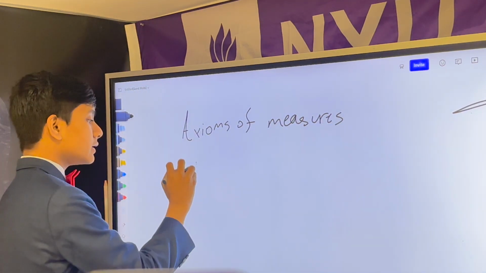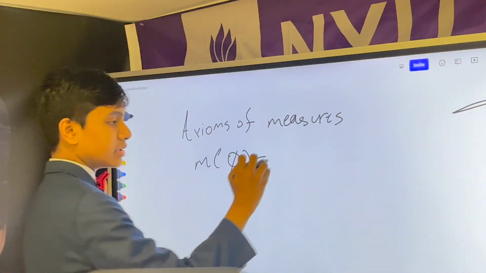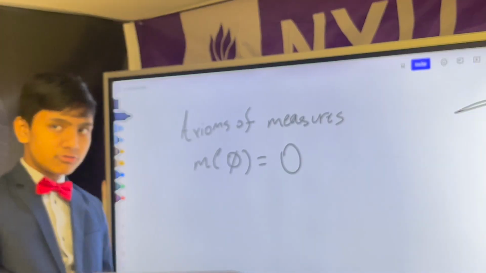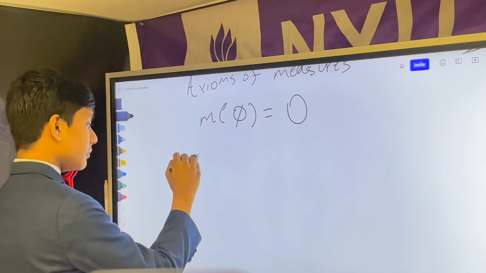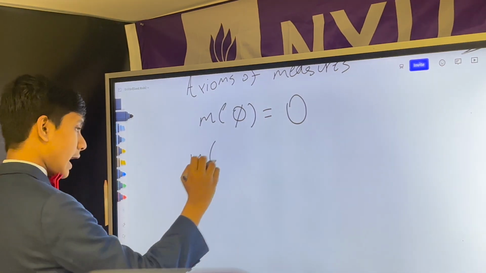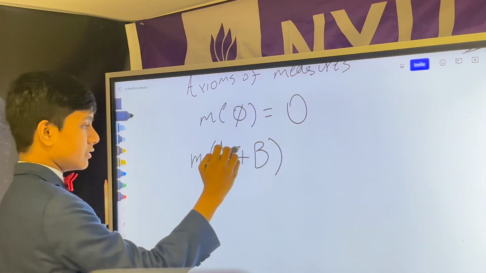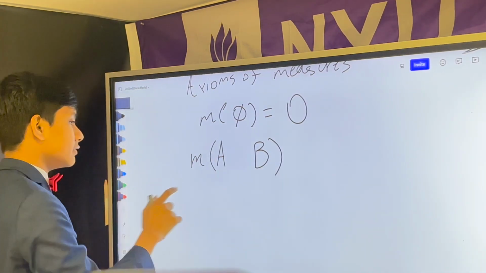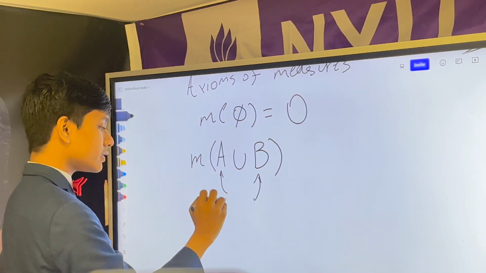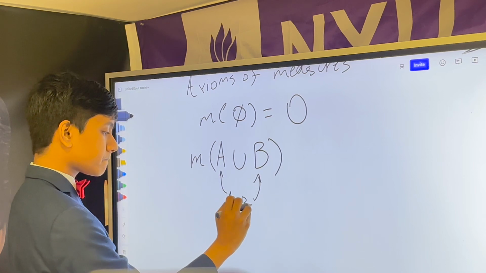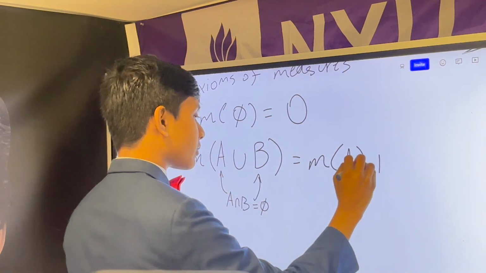Well, first of all, the measure of the empty set is always defined to be 0. That's it, 0 in the real numbers. The measure of any two sets added together, technically we can't use this, we have to use union notation, if these two are disjoint, is equal to the sum of their measures.